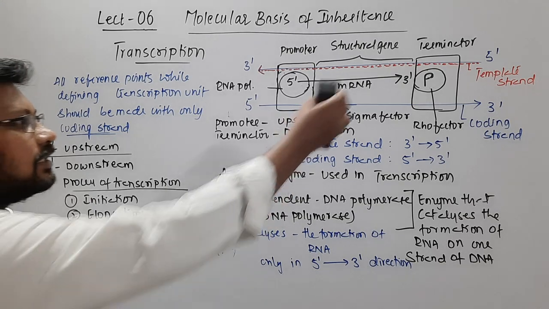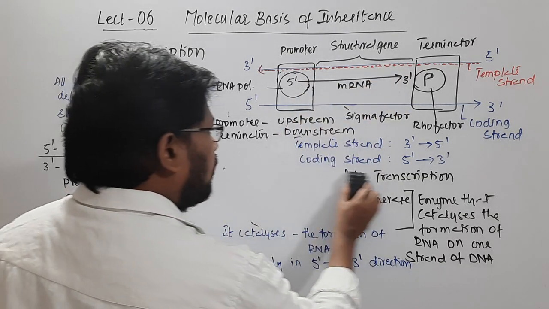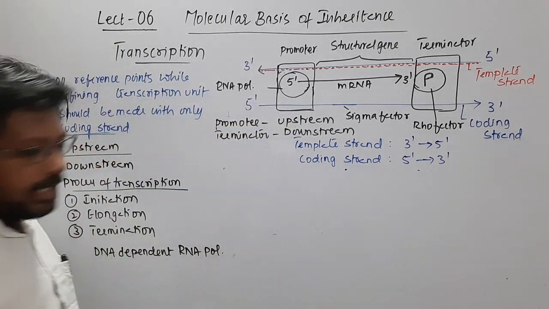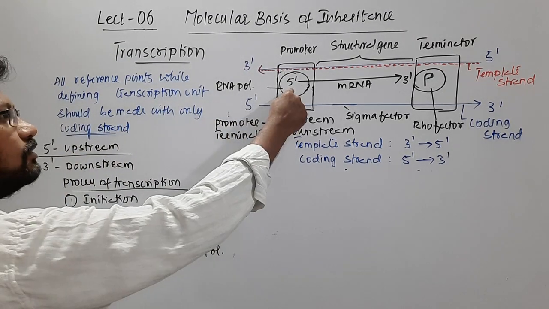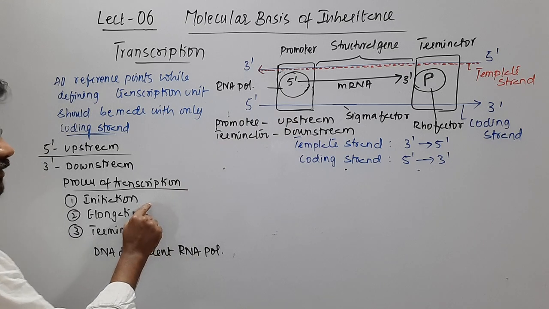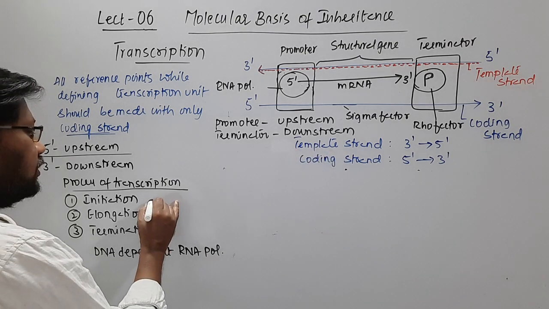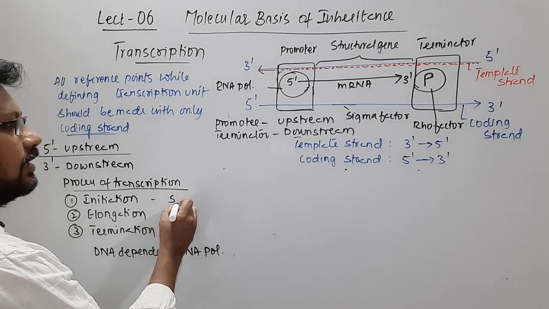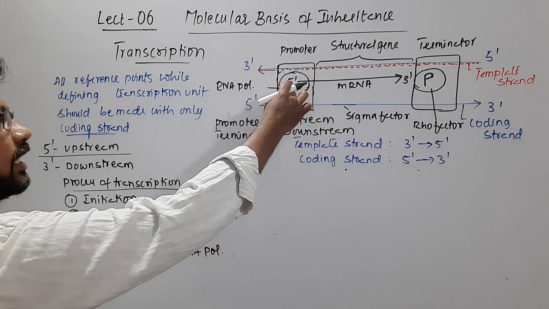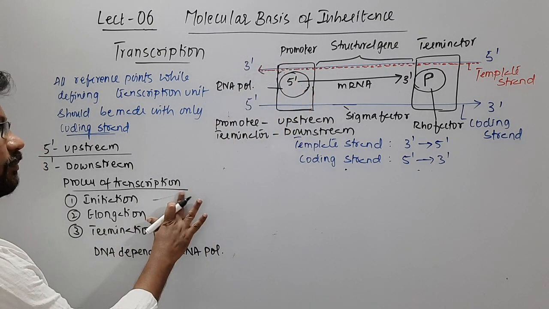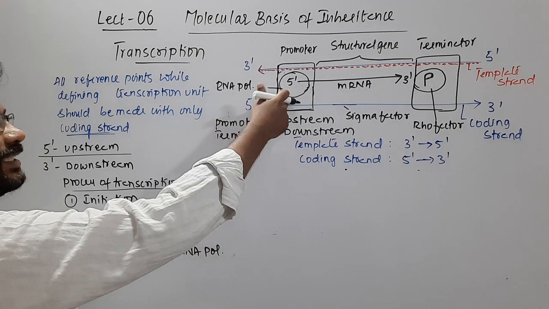So here, when this RNA polymerase binds to this promoter, that's what we call the initiation process. In the initiation, the sigma factor binds to the RNA polymerase, and the RNA polymerase binds to the promoter region. That's called initiation.